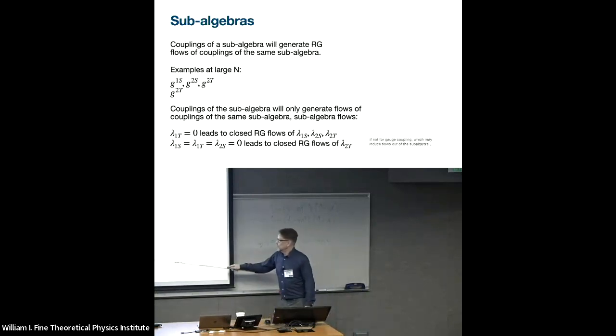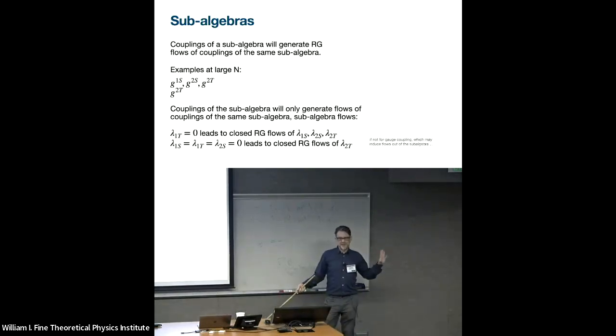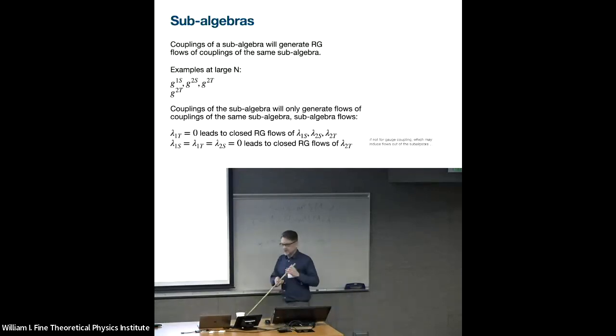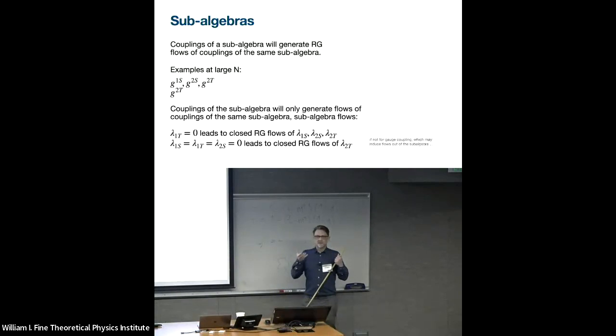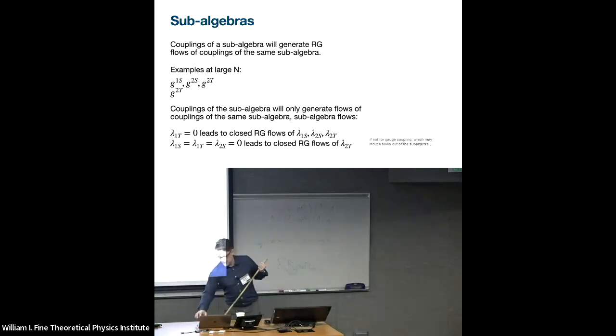So you will have closed renormalization group flows in these subsets of the space of couplings. That is, if it was not for the gauge coupling, which induces certain flows that can take you out of the subalgebra. But there is a more interesting structure, even more interesting than subalgebras, which is you combine the fact of being a subalgebra with something more.